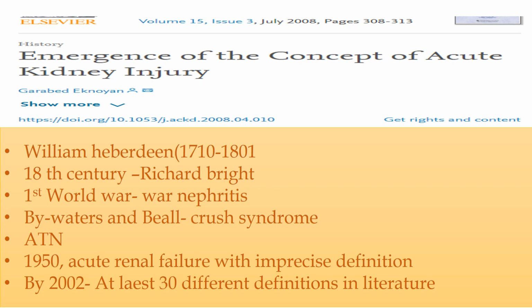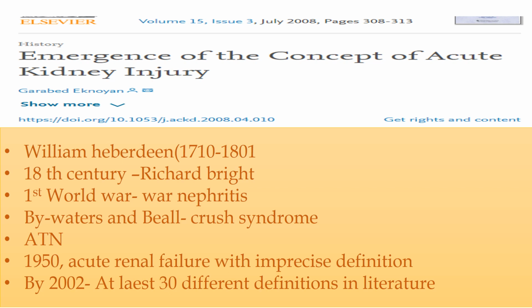And at this time, the histopathological methods and measures of renal function had developed to such a place that they were able to associate these changes in excretion of urine in these patients to acute tubular necrosis.